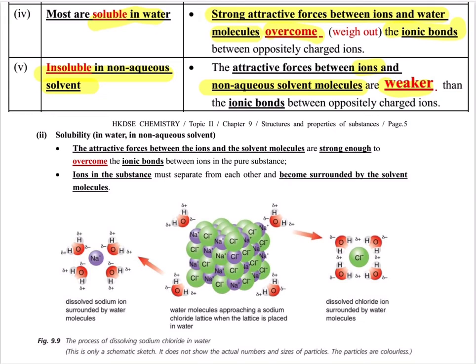So in order to dissolve this substance, the attractive force should be strong enough between the ions and water in order to overcome the ionic bond being broken. Okay? So they need to form some attraction that is comparable with the attraction originally present in the structure.